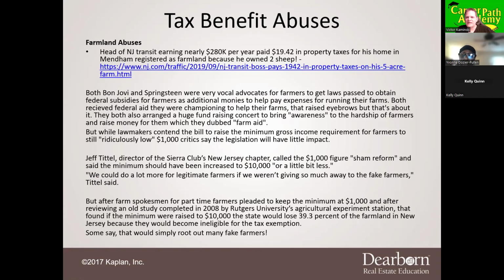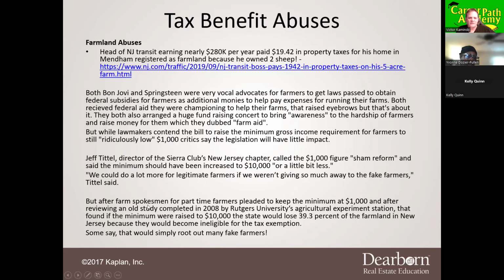And if a farm is making less than that amount, they should have to fill out an affidavit under penalty of perjury stating why they should be considered a genuine farm. Genuine farmers would have nothing to hide, but the fake farmers would, so we could always go after them in that instance. But they're not going to do anything like that, because a lot of politicians and celebrities take advantage of this here in New Jersey.